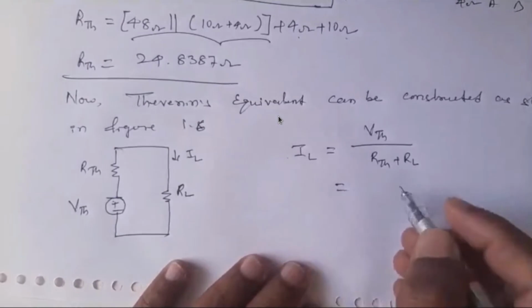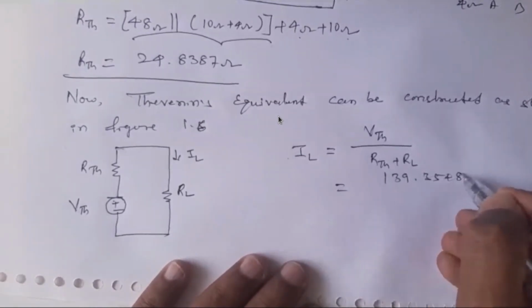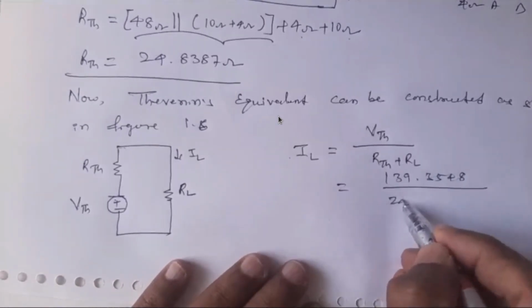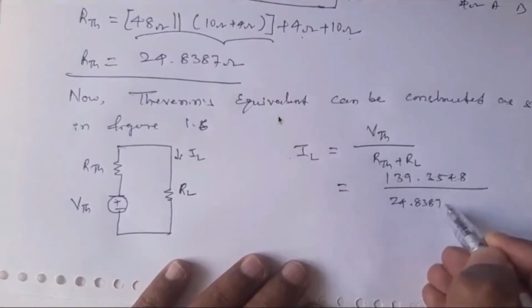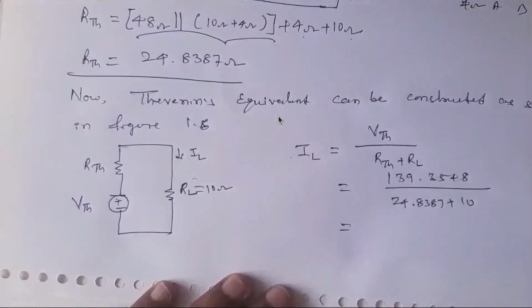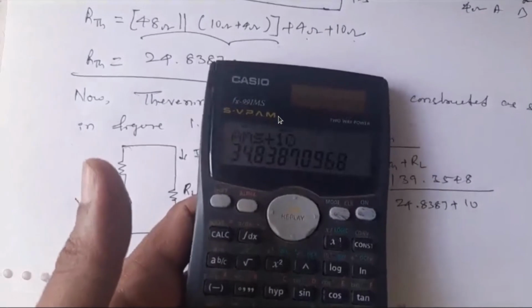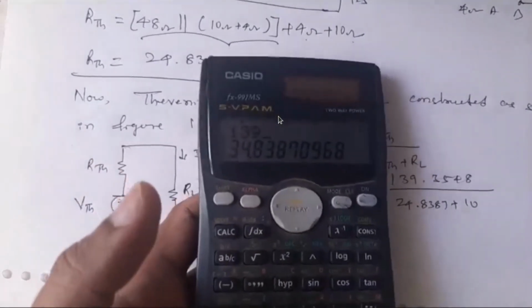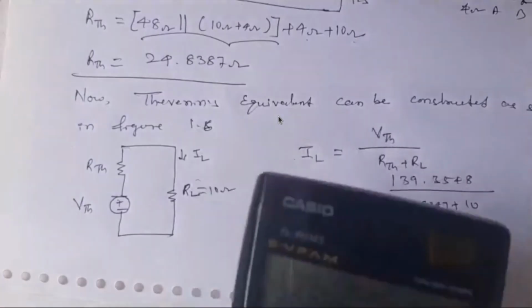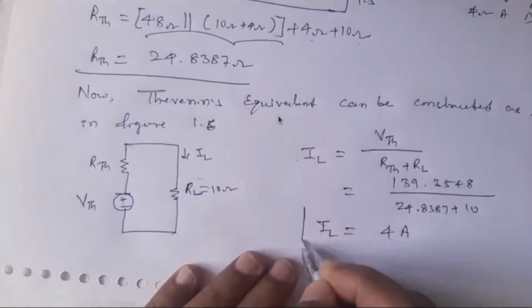This is equal to 139.3548 divided by 24.8387 plus RL, which is 10. If you calculate, 24.8387 plus 10 is this much, and 139.3548 divided by that, the answer is 3.9999999, nothing but 4 ampere. IL is 4 ampere.